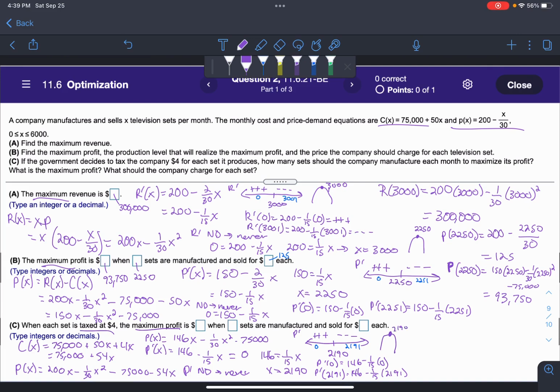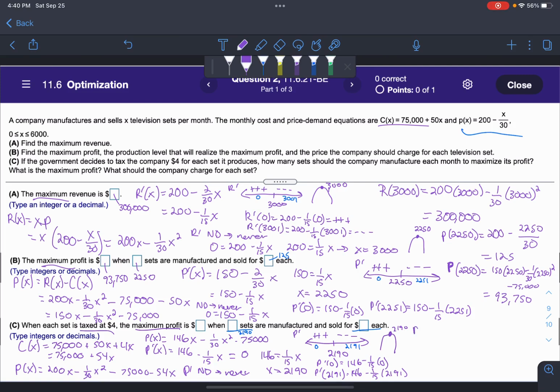So our answer for blank sets is 2190, right? 2191 was our test point. So 2190 sets at what rate for each? So that will be determined by our price, our lowercase p, price demand.